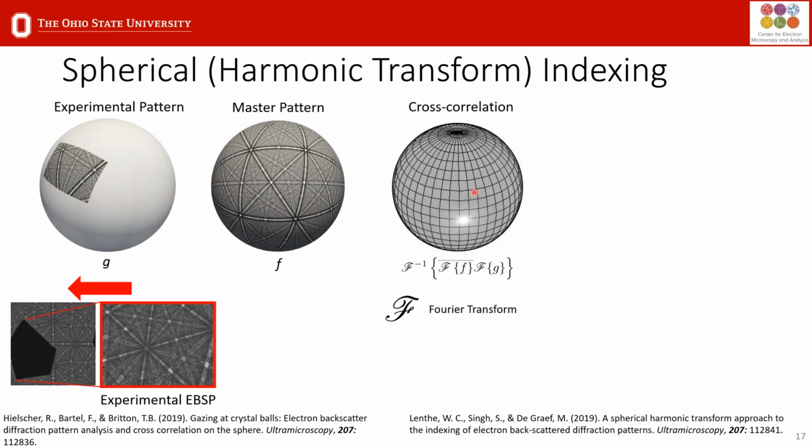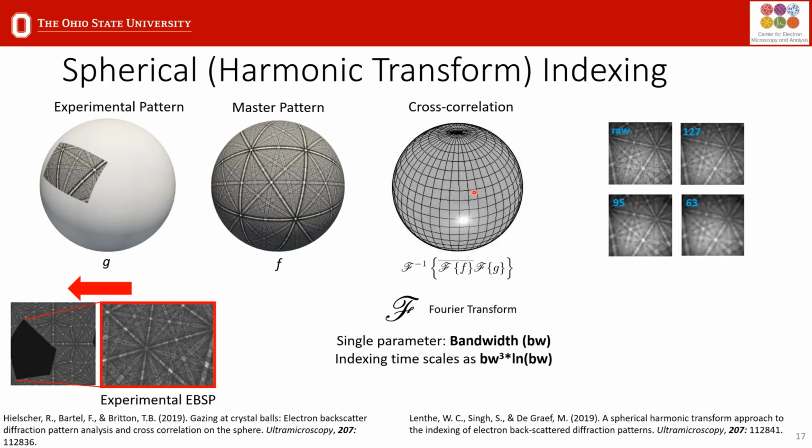Now, a critical parameter is what's called the bandwidth, and that's essentially the grid spacing, or the number of latitudes that we have in this grid. So as we increase the bandwidth, we can see that we have more and more details captured from the experimental and the master pattern that we're matching it up with, and we'll get a better match.